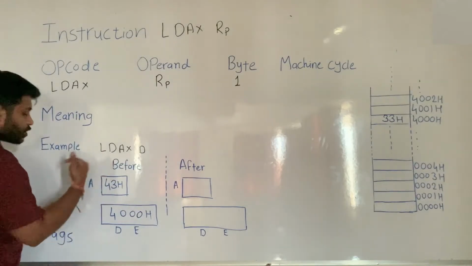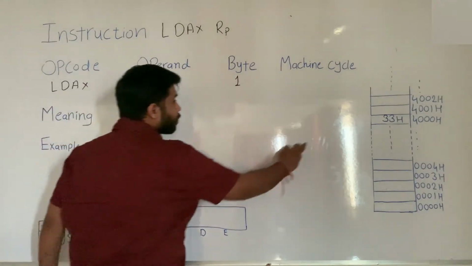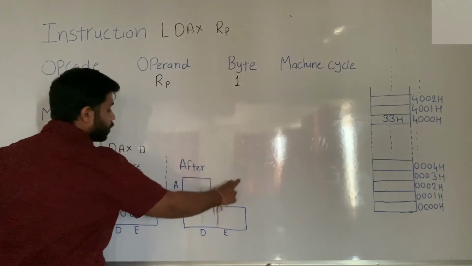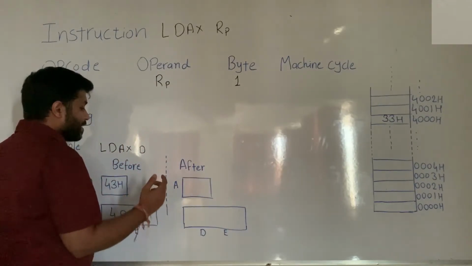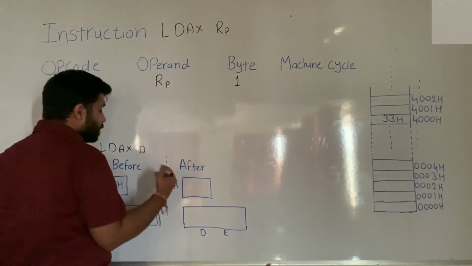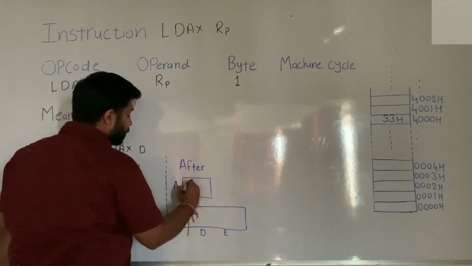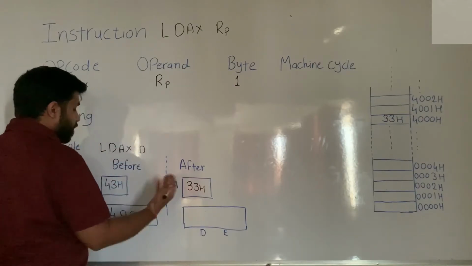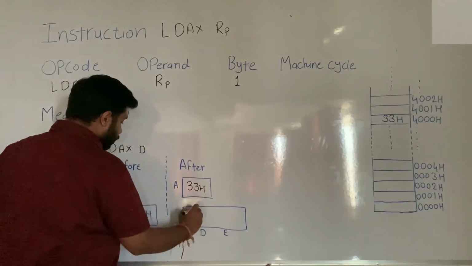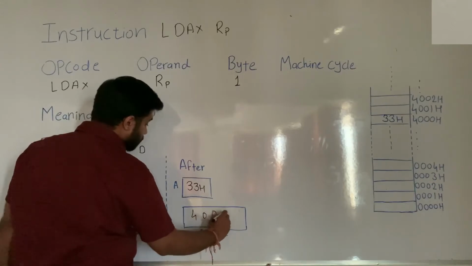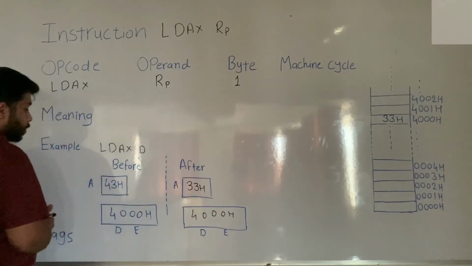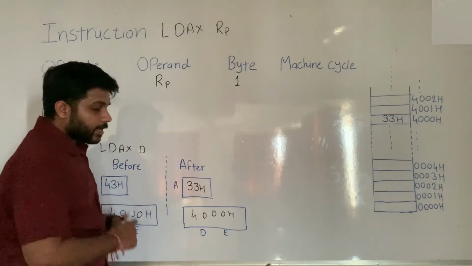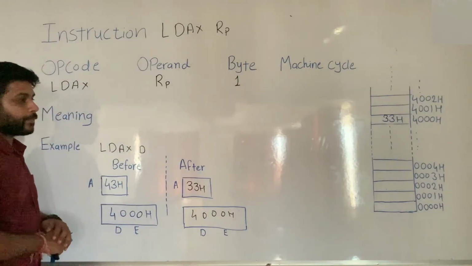It means when this instruction is executed, the data from 4000H will be transferred to the accumulator. So in the accumulator the data will be overwritten and the accumulator contains the new value, which is 33H. After execution, the content of the DE pair will remain the same. And because it is a data transfer instruction, no flags are affected.